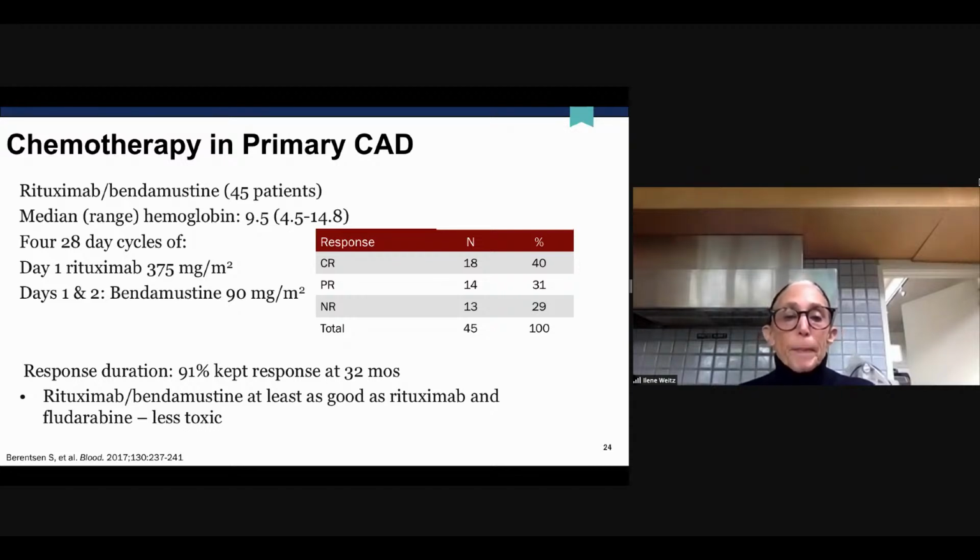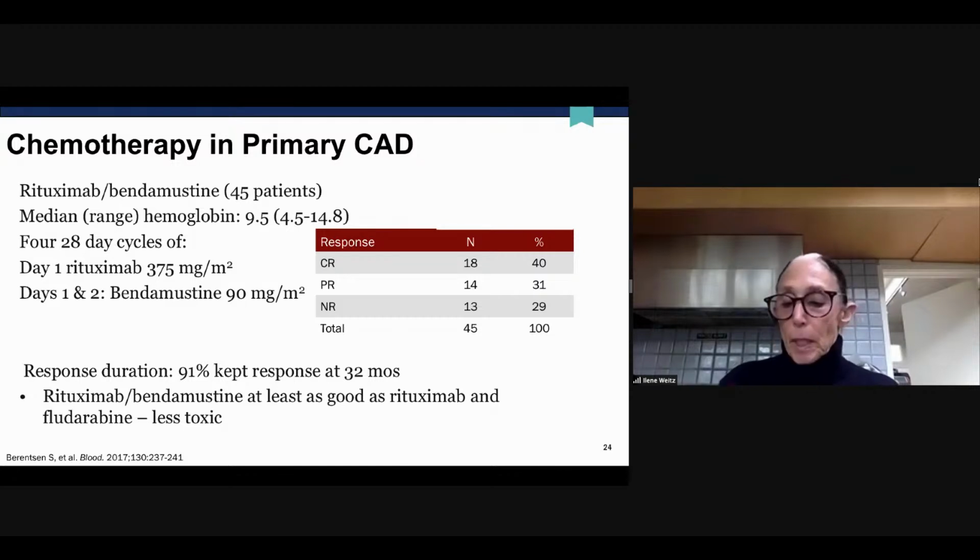The duration of response, 91% had a prolonged response to 32 months. And the Ritux bendamustine seems to be at least as good as rituximab and fludarabine, but a lot less toxic. So I think people are shying away from fludara and cladribine and moving towards rituximab bendamustine instead.